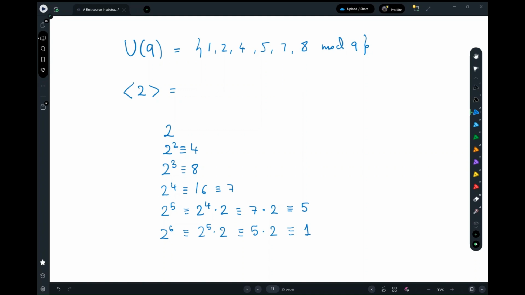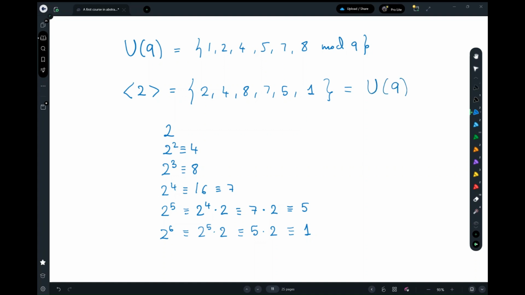So now I see that I have 1 and 2 and 4 and 5 and 7 and 8. So all the powers of 2 go through every single element of U9. In the order that they appear it is 2, 4, 8, 7, 5, 1, which is equal to U9.